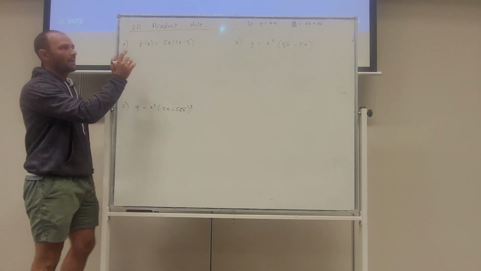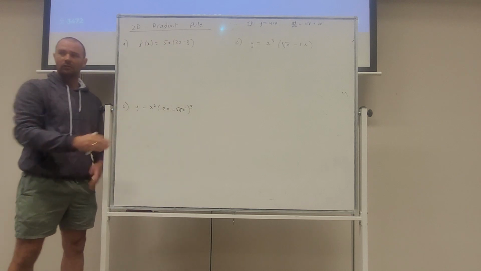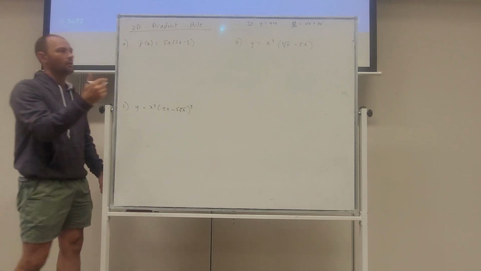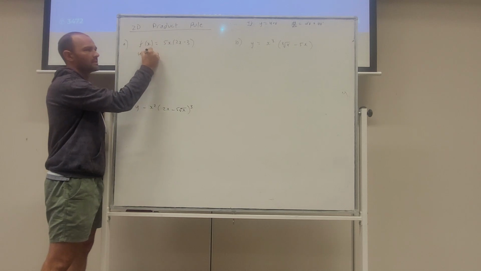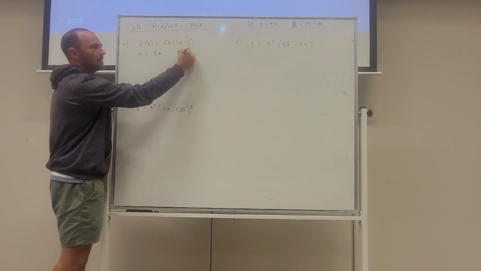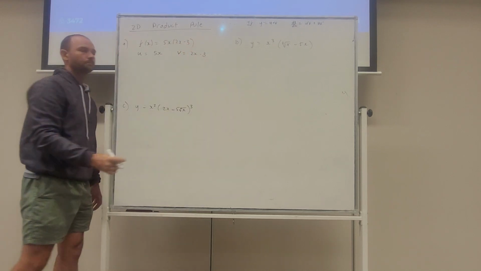So, what we have to do is first recognize I have two things that are multiplying each other, and I need to recognize what those functions are. Alright, so u we always call the first function, which is 5x, and v is the second function, which is 2x take away 3.